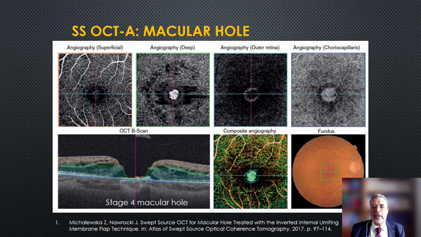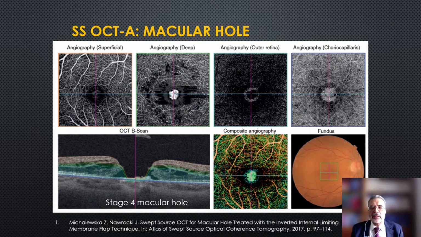In a stage 4 macular hole, swept-source OCT angiography without manual correction, where the segmentation has failed, the image may present artifacts. If we have a stage 4 macular hole, especially large-sized holes, we see an enlarged superficial vascular plexus, but in the deep vascular plexus image we may see a hyperreflective area of vessels in the center of the fovea, where we know no vessels are present.